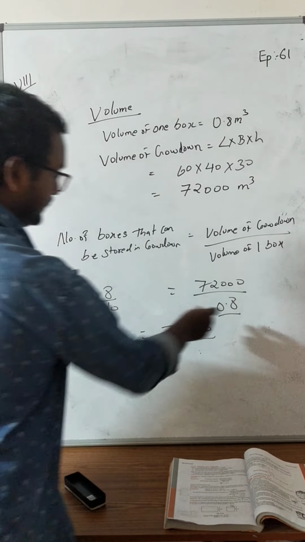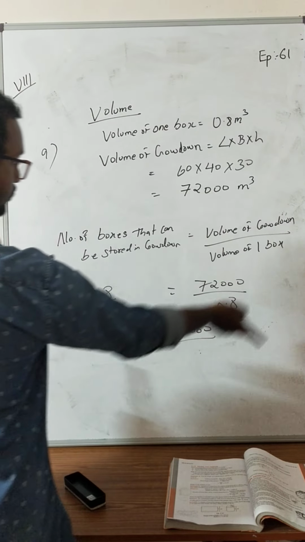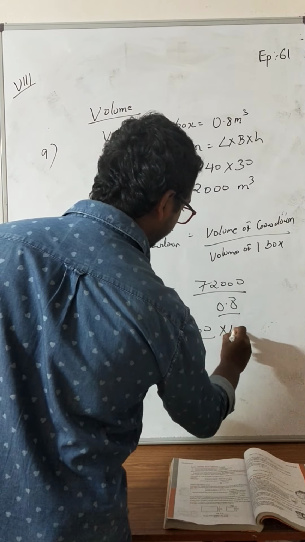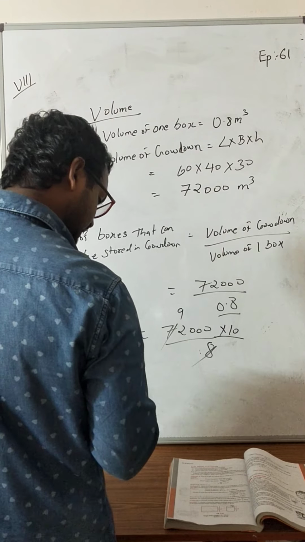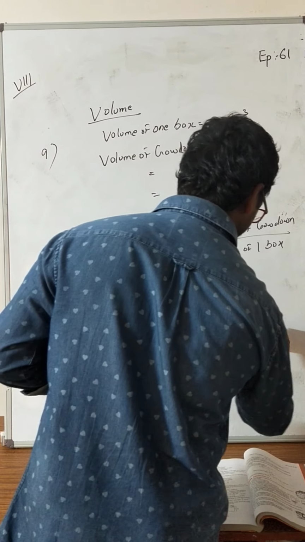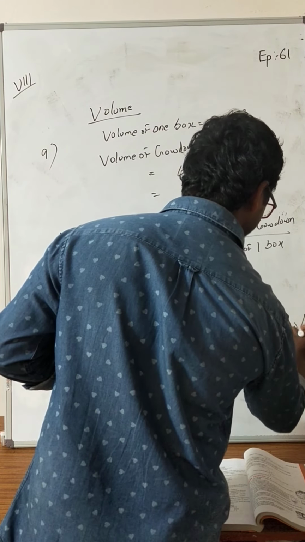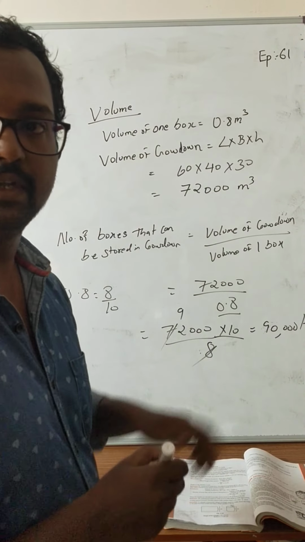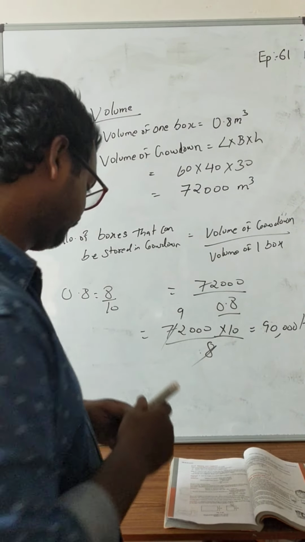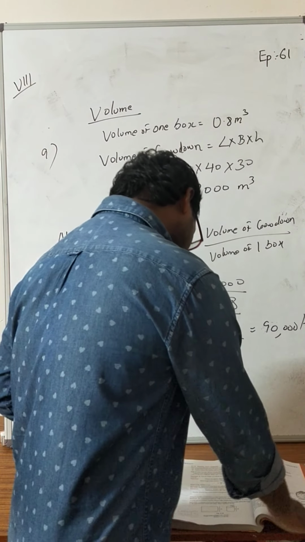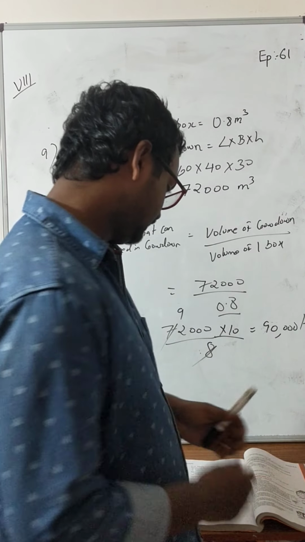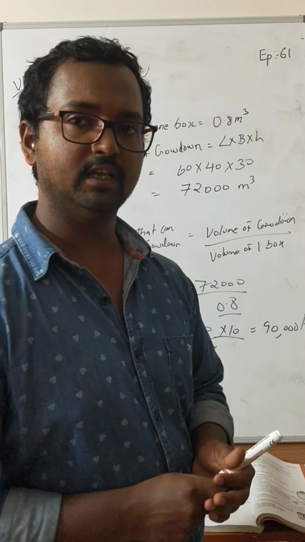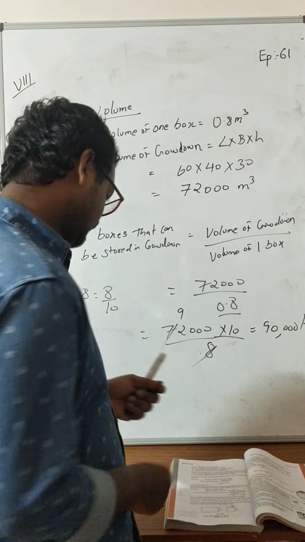But because this is in the denominator, this 10 will go to the numerator. So 72000 into 10 divided by 8. We can divide by 8 to get 9000, into 10. So 90,000 boxes can fit in this godown. I think you got a little bit of an idea about volume also.